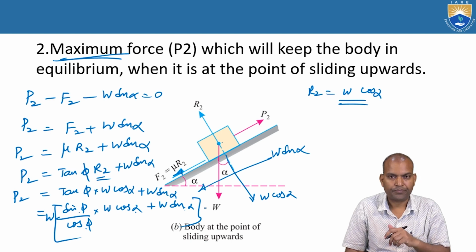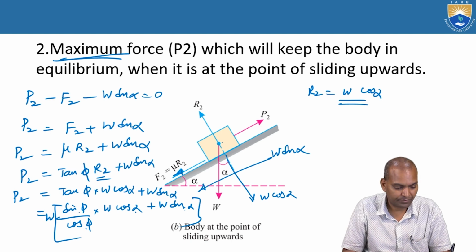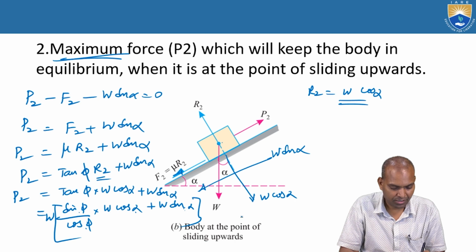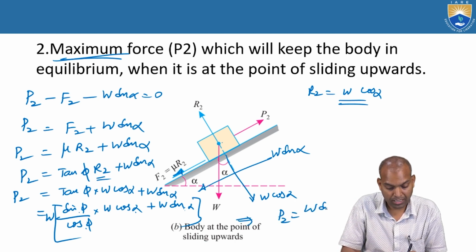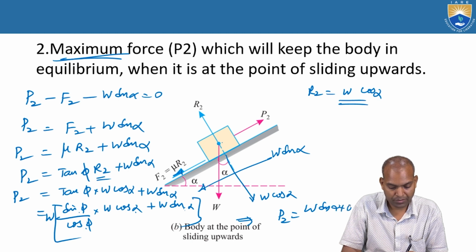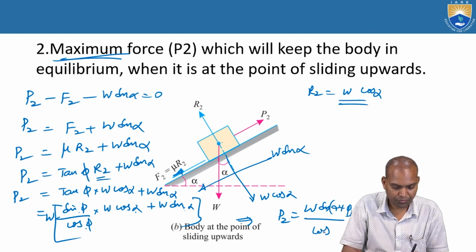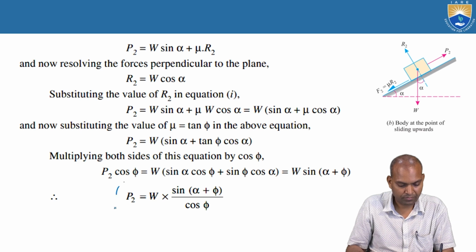That is sin of alpha plus phi. So finally, P2 equal to W times sin of alpha plus phi by cos phi. That's what comes.